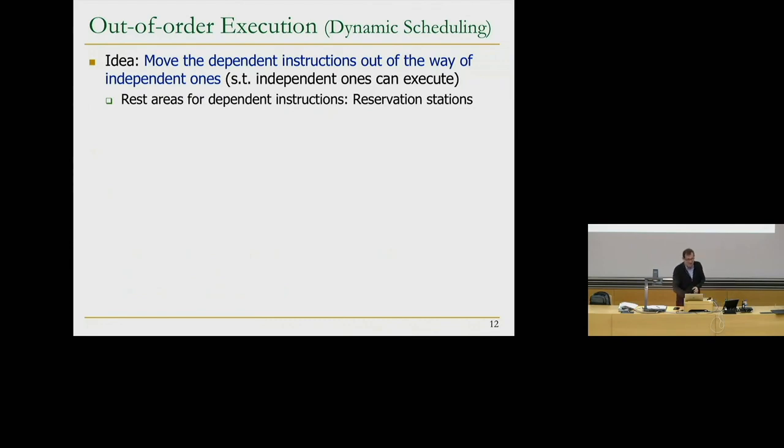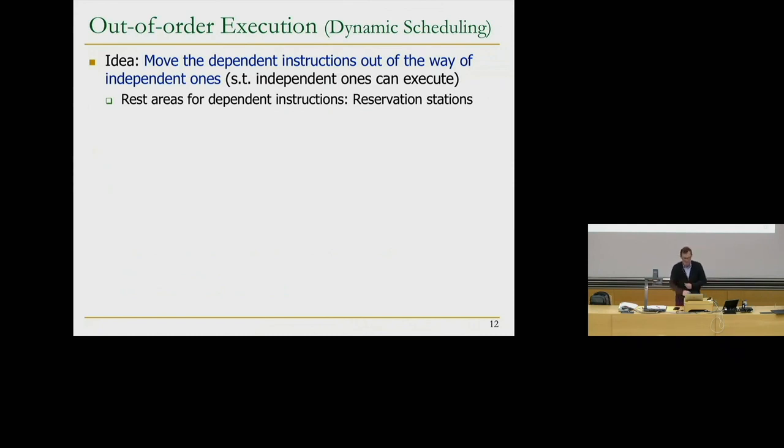That's the idea. So basically, we're going to introduce a place to keep these instructions. We're going to call them reservation stations. For whatever historical reason, people call them reservation stations. You can think of these as rest areas for cars. If you're going through the highway and for some reason you're dependent on something, you basically go out of the highway so that other cars can go. It'd be terrible if every car that's dependent on something had to wait in the highway, right?